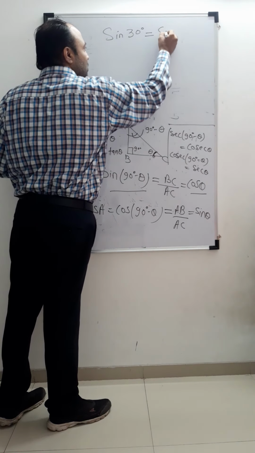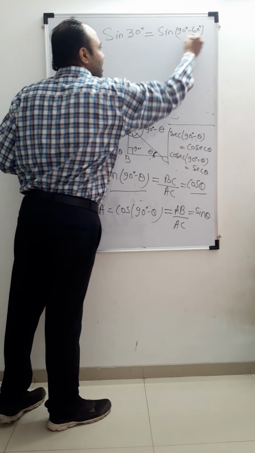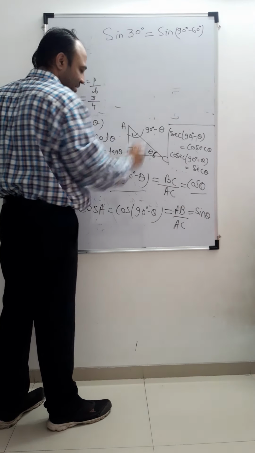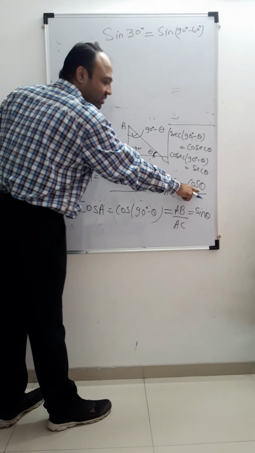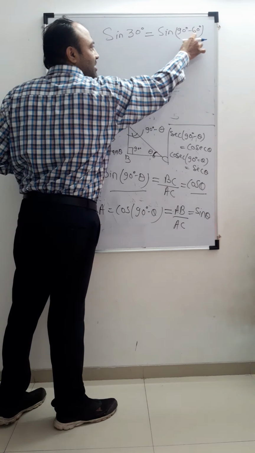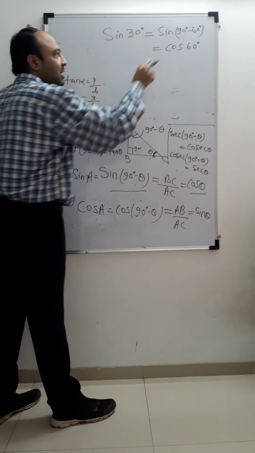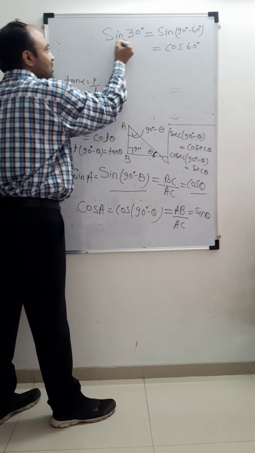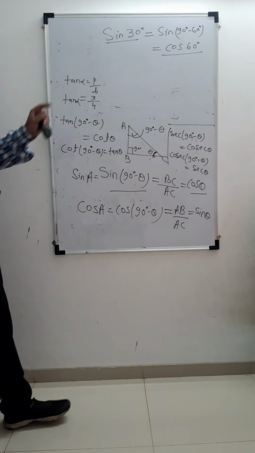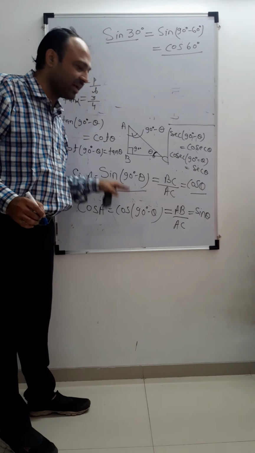Sine 30 can be written as sine of 90 minus 60, since 90 minus 60 is 30. And sine 90 minus theta gives cos theta, so sine 30 is equivalent to cos 60. This conversion is only possible once you know this relationship.